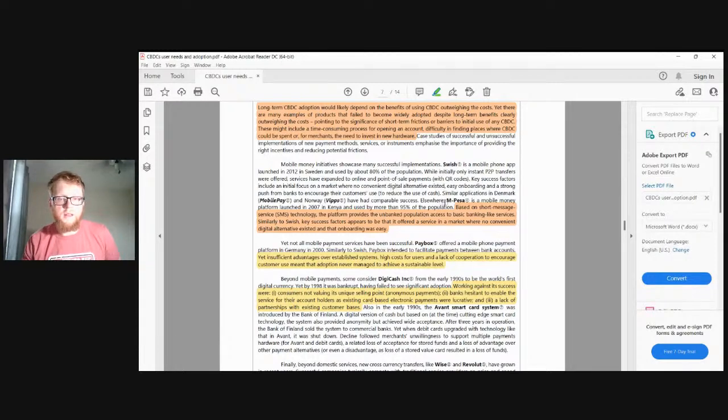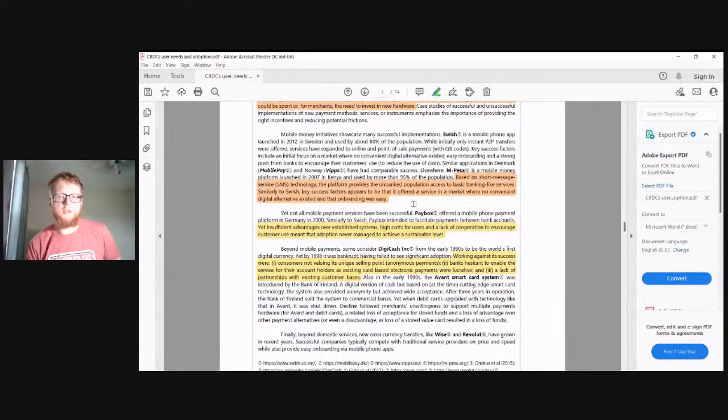And then there's M-Pesa, MobilePay, and Vipps, which looks like it was from Denmark and Norway, respectively. And they seem to be based on short message service, SMS technology, like texting. The platforms provide the unbanked population access to basic banking-like services, similar to Swish.